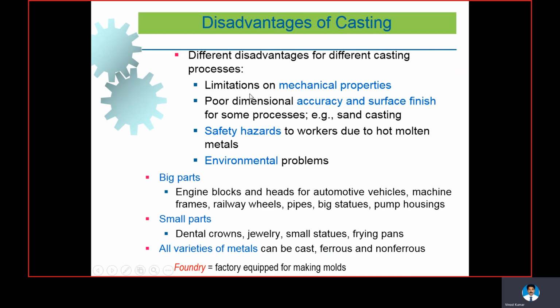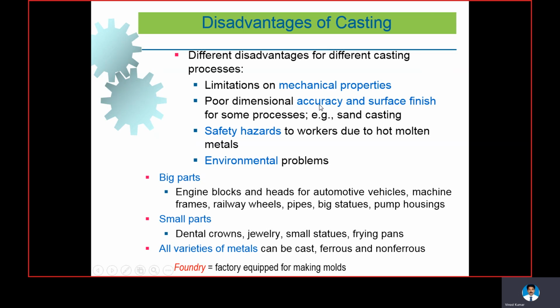What are the disadvantages of casting? The disadvantages include some limitations on mechanical properties. We cannot improve certain mechanical properties, and one of the main disadvantages is accuracy. Because of shrinkage, we cannot maintain the exact size of the product.